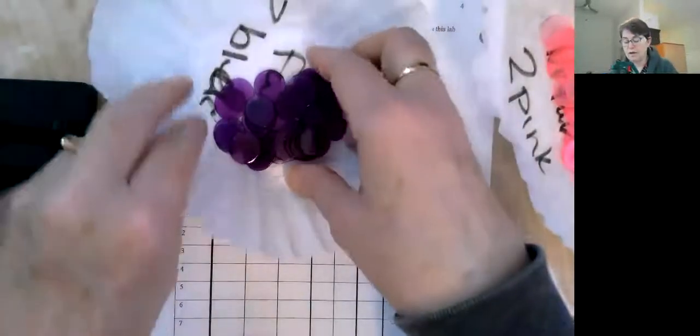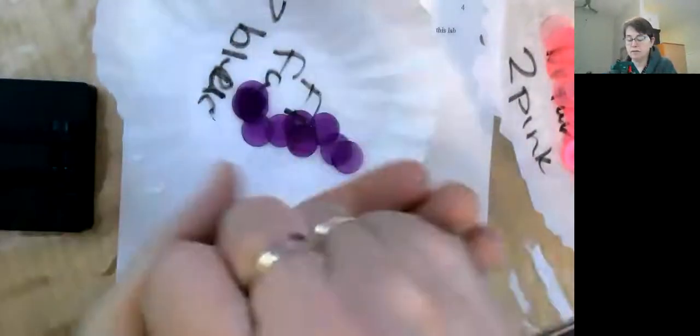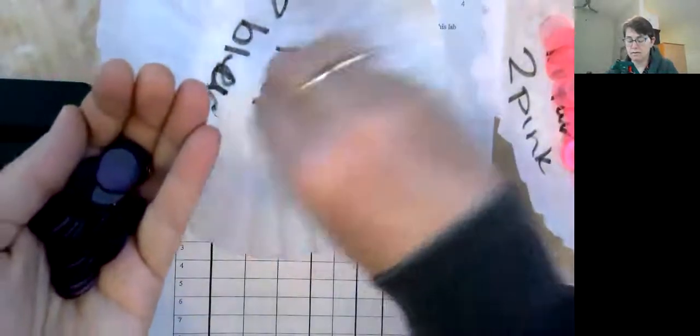So here is my handy dandy pile of blue chips. And I'm just going to start counting. And I'm going to count the pairs.